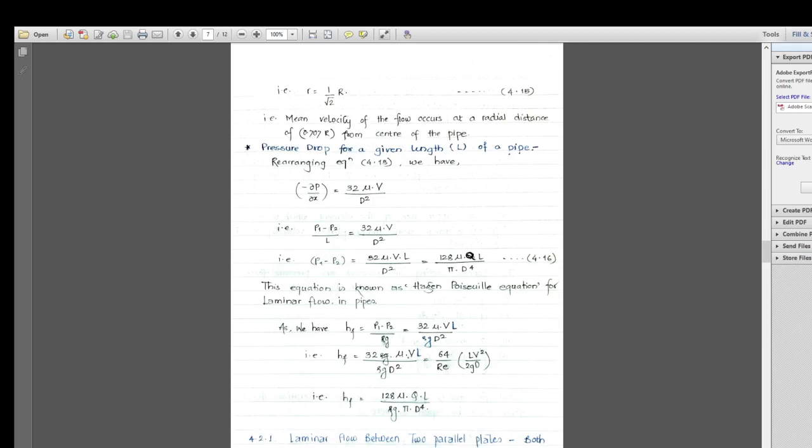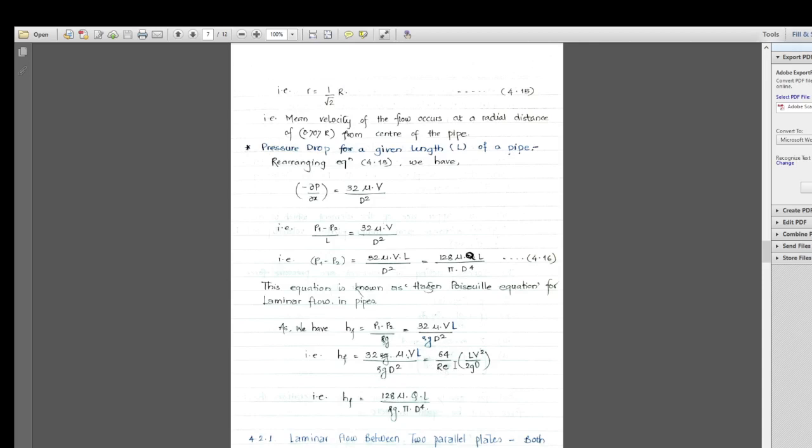Now we know that mu by rho V d is nothing but 1 by Re, the Reynolds number.